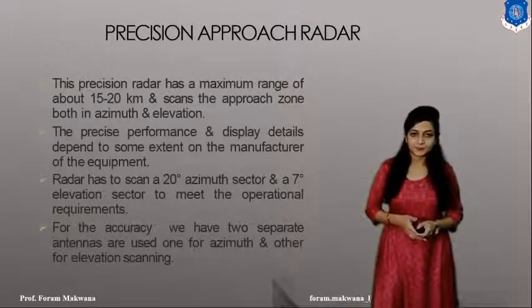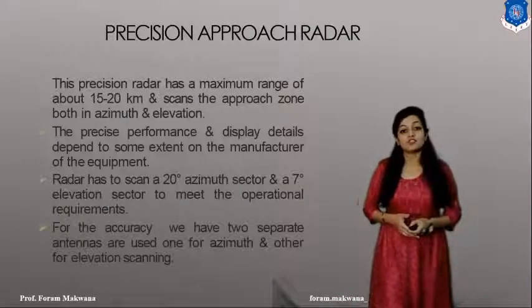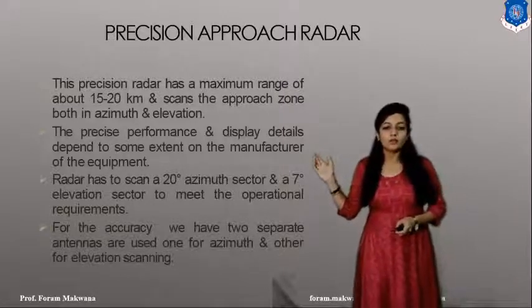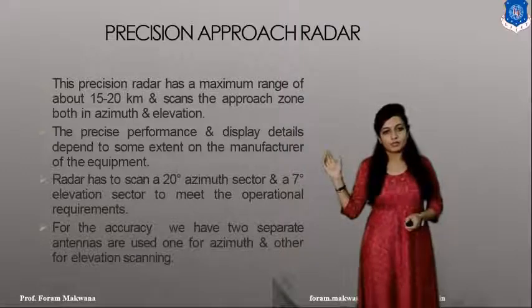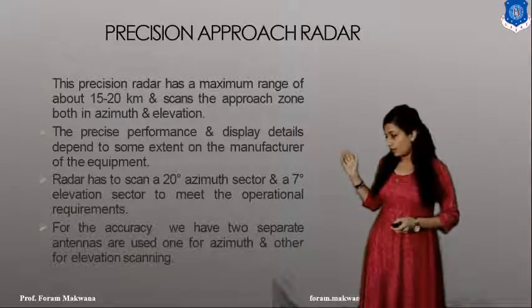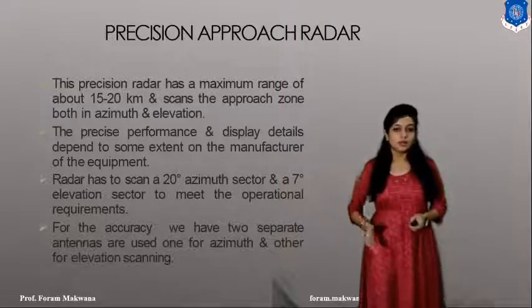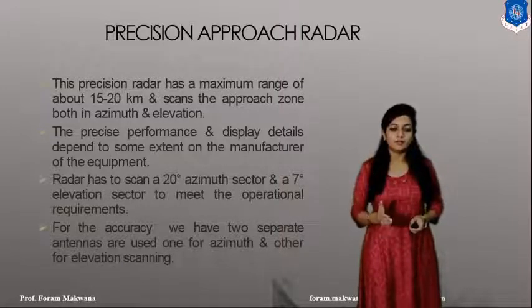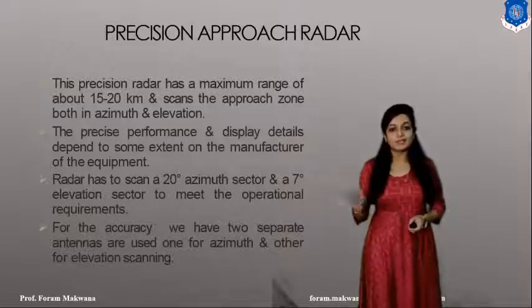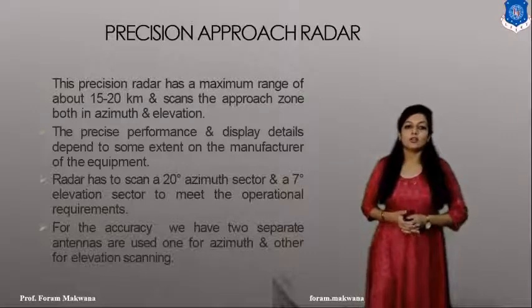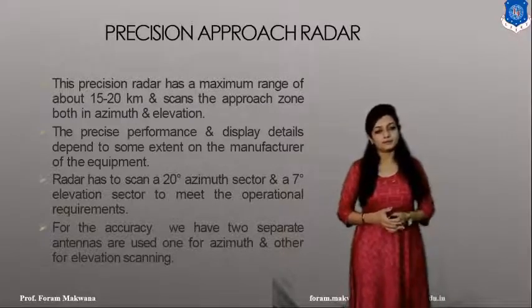Alright. So the precision approach radar has the maximum range of about 15 to 20 kilometers, which scans the approach zone both in azimuth and the elevation angle. Right? The precise performance and the display details depend to some extent on the manufacturer of the equipment.